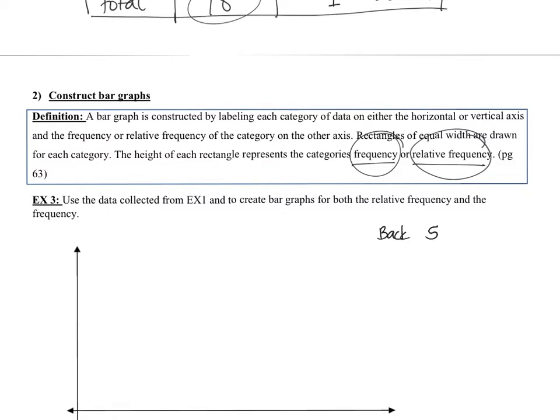This was the frequency. And let's see what's next. Hand was 3. Elbow was 4. Shoulder was 3. And neck was 3.